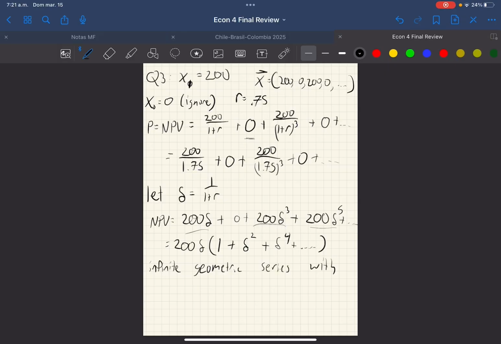If you remember your formulas for the infinite geometric series, you'll see that the value of a in those formulas is equal to 1, and the common ratio r is equal to delta squared. Okay? So it's important to remember, or to recognize, that it's delta squared here. And so then this will go to the next page.